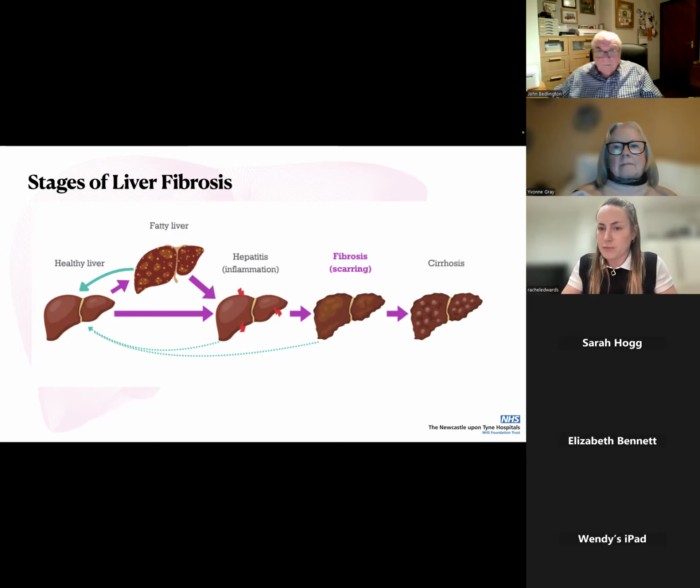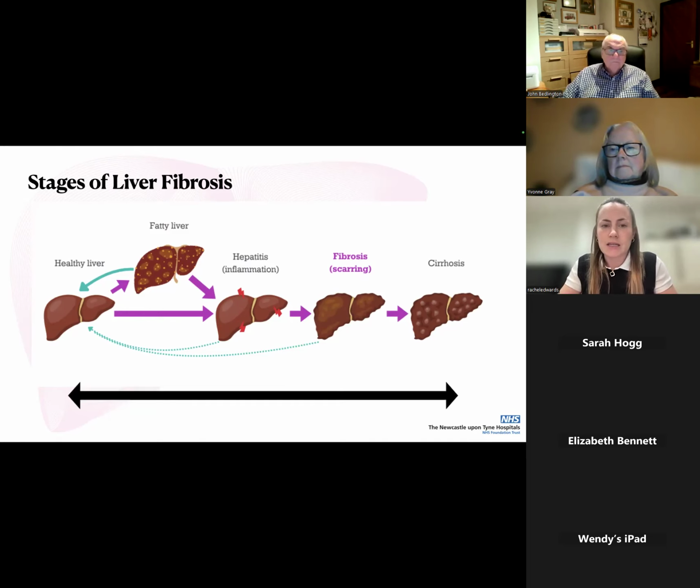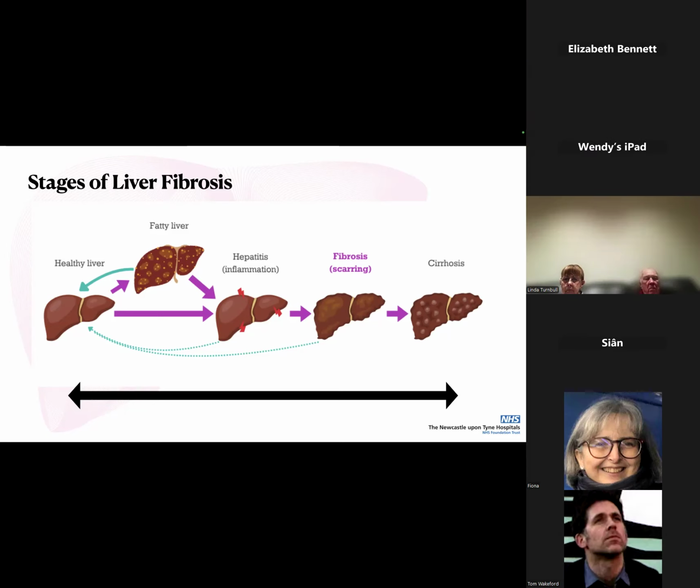That can lead to fibrosis, describing scarring, and then subsequently further scarring, leading to cirrhosis. And this is, as I say, a spectrum, and it's possible to move from one stage of the spectrum to another at most stages until you're getting towards the cirrhosis end of the spectrum, where it's a bit more difficult to achieve reversibility at that stage.